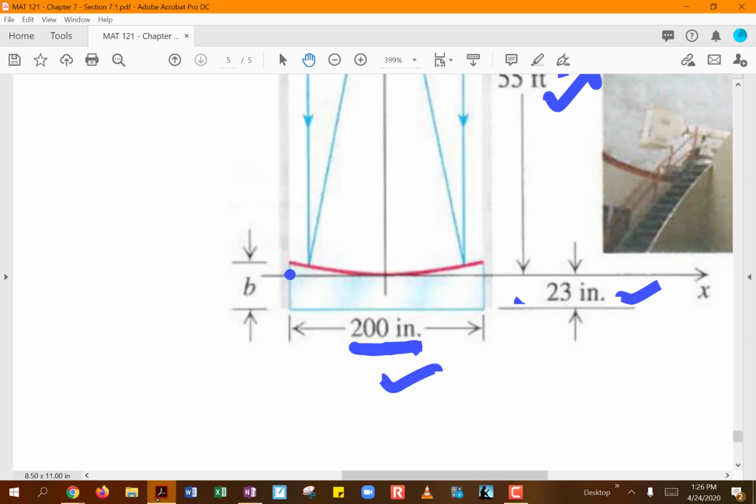We will get that distance, and then you can add it to this 23 inches, which we already know is the thickness of the glass. So we need to find this point, it doesn't matter which, it's going to be the same on both sides. If we can find one of these points, then we know what this distance is, and adding it to the 23 inches here will help us come up with our total thickness on that outside edge.